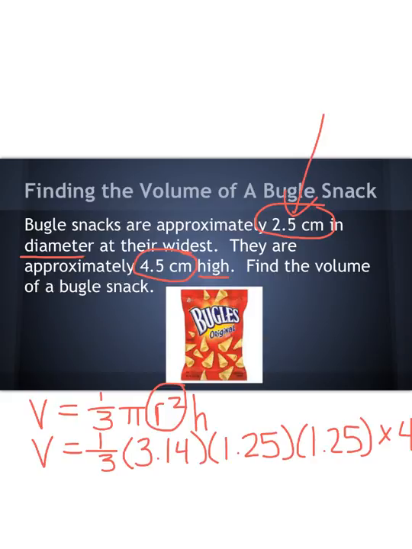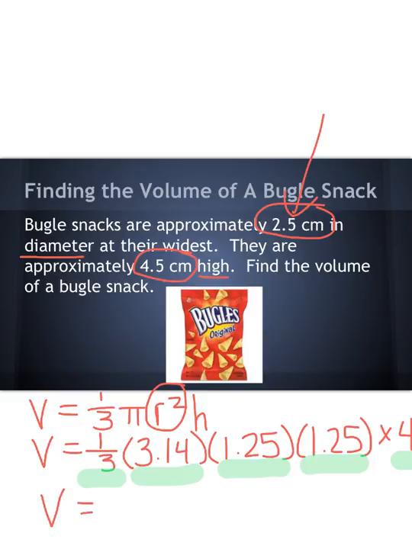So let's make sure I've got everything I need here. 1/3 pi, radius once, radius twice, height. Looks good. All right, so let's get a calculator going. Multiply all of those numbers together. I'm going to let you do that, so pause me while you do.